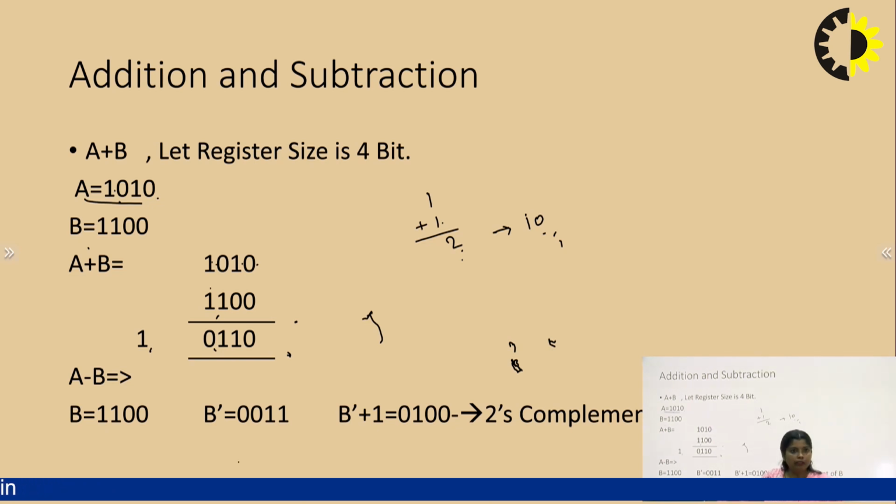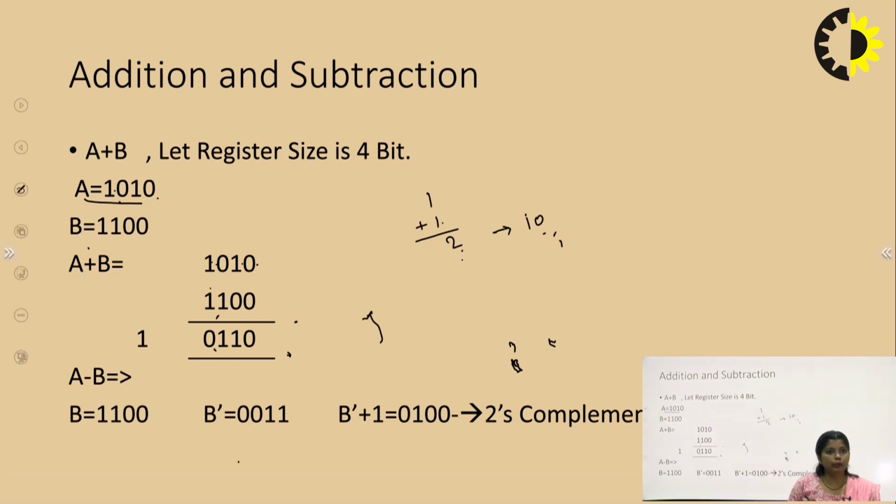always in the Booth algorithm, whenever we take a negative number, it is considered with the 2's complement. If I require A minus B, then B equals, for example, 1, 1, 0, 0.